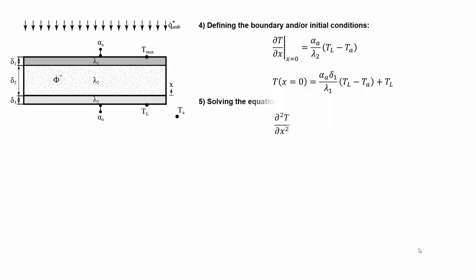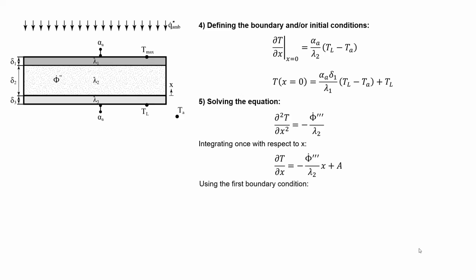Now we have two boundary conditions and we can start solving the conduction equation. So integrating once yields this expression, and we can already use the first boundary condition to find the expression for integration constant a, where all terms with 0 cancel out, which gives us the constant a.